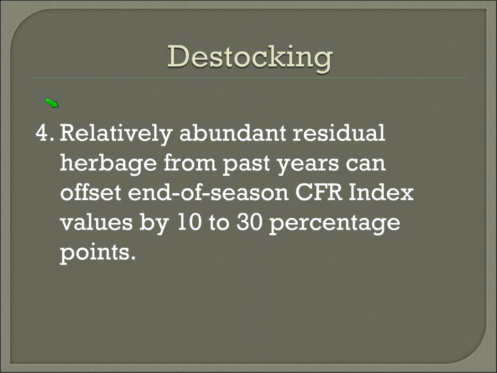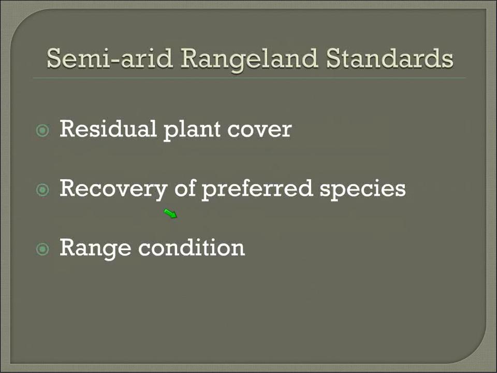The growing conditions for 2010 and 11 were generally above average in much of Nebraska, not so much down in the east central part of Colorado. But when you have a tremendous amount of residual herbage from preceding years, that can buffer your index, but only to the tune of about 10 to 30 percentage points.